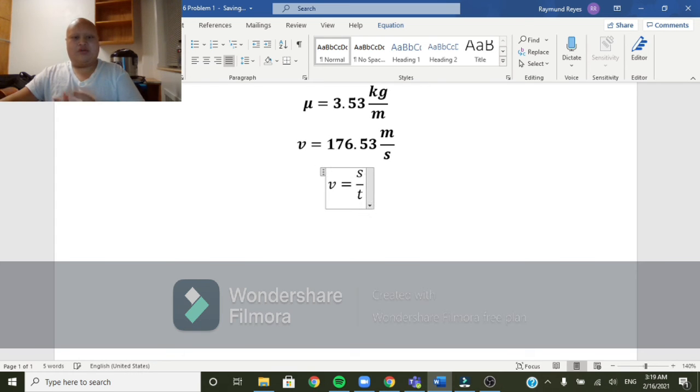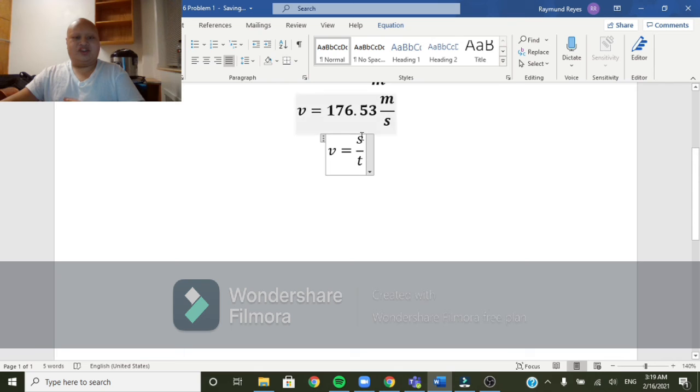We are given that the velocity is equal to the distance over time. S is just the general term for distance. For S here, we are referring to the length of the cable, which is L. Right now we are looking for T, so we have to isolate T first.